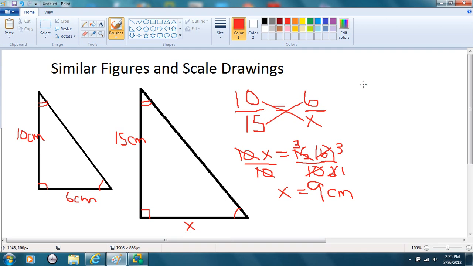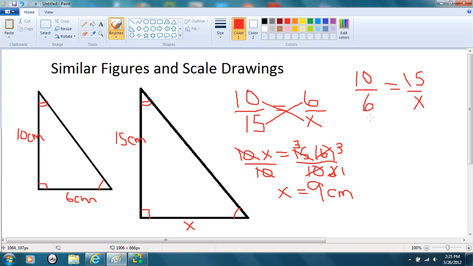Well, look at something else I can do. Here I said the corresponding sides are proportional, but notice that I could go 10 is to 6 as 15 is to x. So I can do it within the triangle first and then the corresponding sides of the other triangle. That will give me the same thing if you want to do it that way also. So 10 is to 6 as 15 is to x.